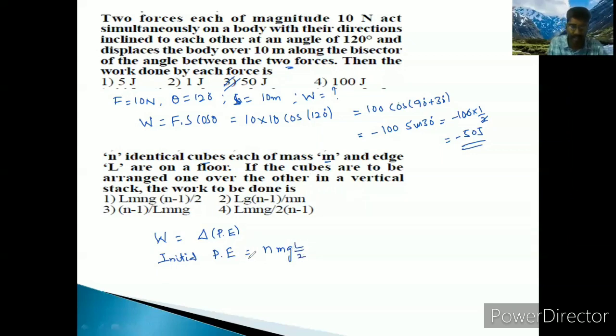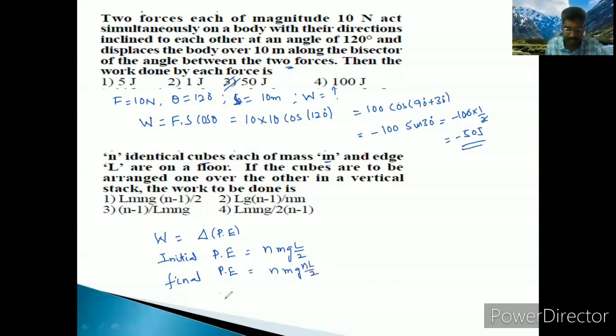This is the initial. The final potential energy: N number of cubes are there, so mg, and N number of cubes means N L by 2.